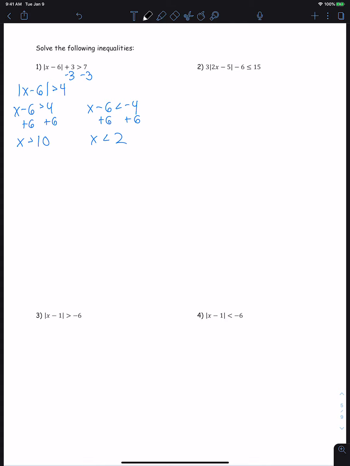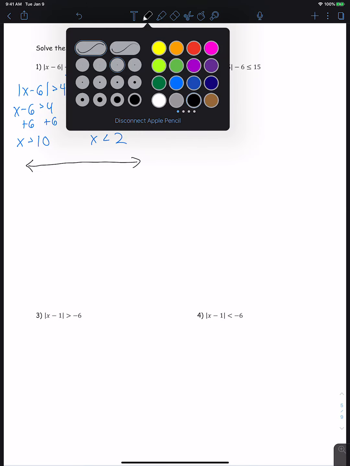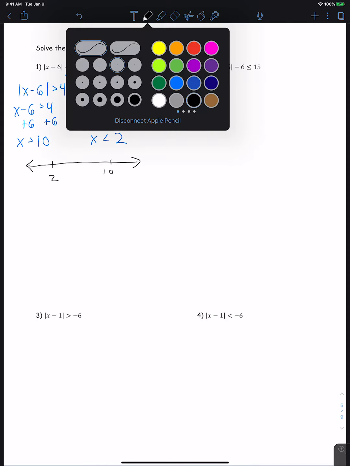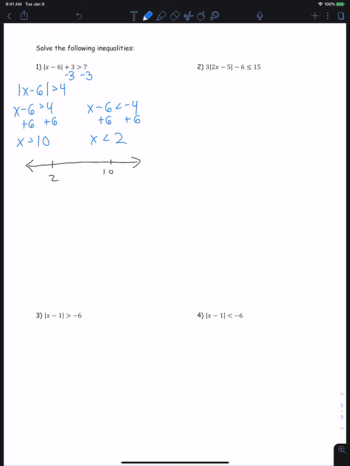Once you get your two inequalities simplified, draw that number line. It makes it so much easier to understand the answer. So I'm going to label 10 and 2. X is greater than 10, so it's a hollow circle, and it goes to the right. And x is less than 2, hollow circle, goes to the left.